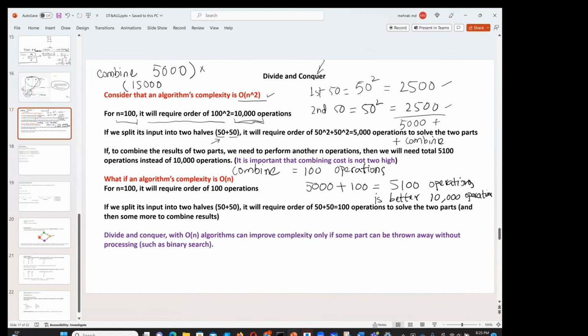If the combined thing was 10,000, then the total number of operations would have been 15,000. So I'm not getting any benefit. What I'm trying to say is, if your combine part is efficient, then divide and conquer is helpful, right? Clear?